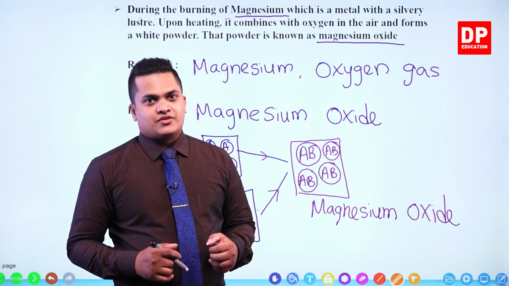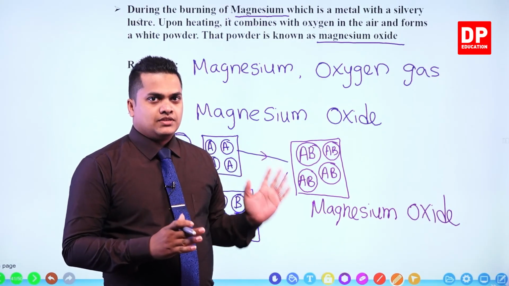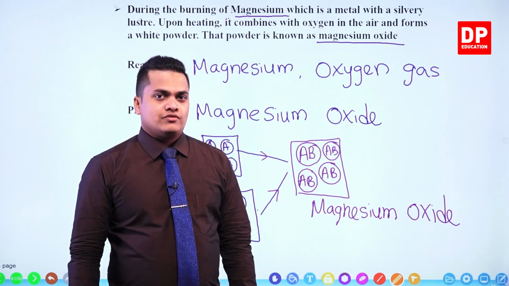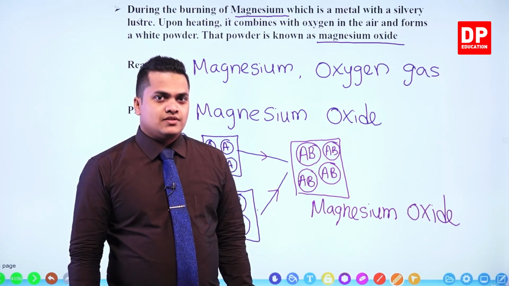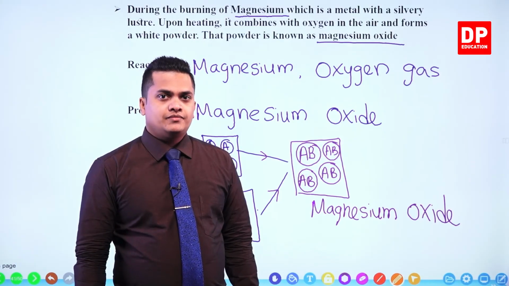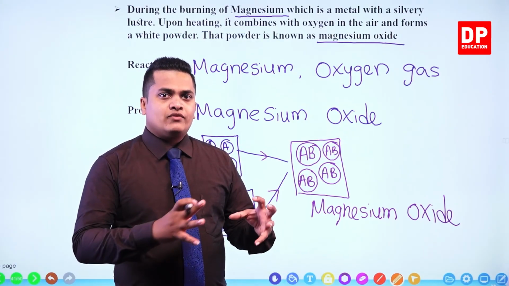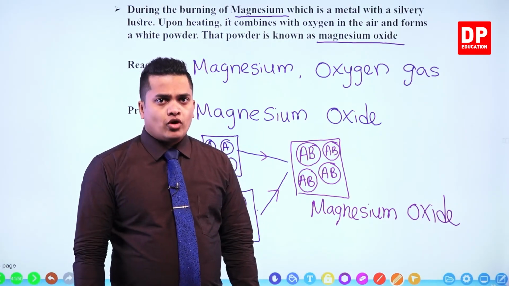Okay, my dear children, I hope that you took a sound knowledge about chemical reactions, how to provide examples for chemical reactions, what special observations we can see during a chemical reaction, and what kind of thing is going to happen when a chemical reaction occurs.